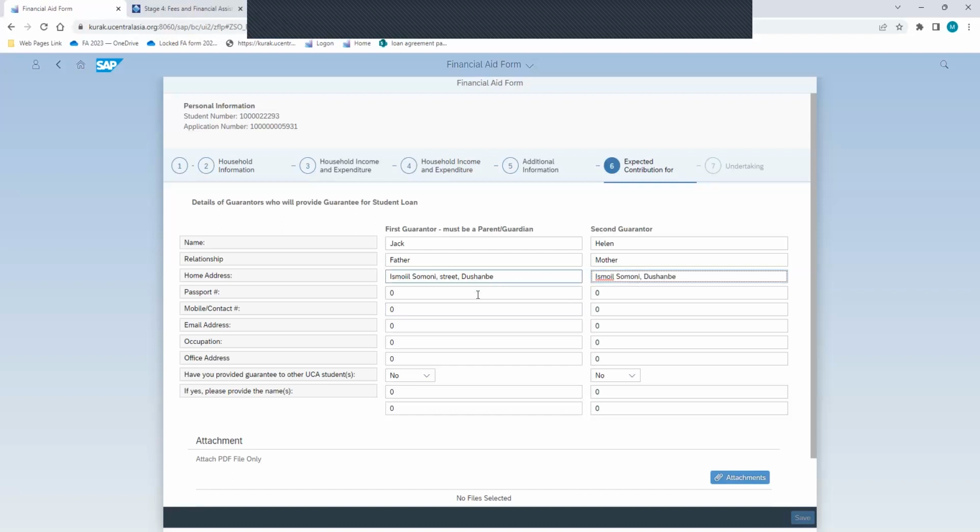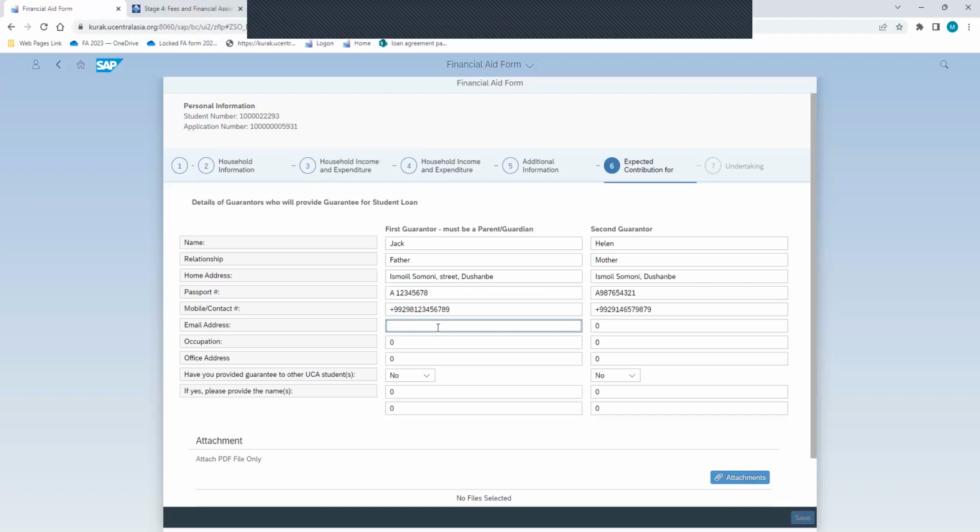Passport number, assume it was A, I don't know, 1, 2, 3, 4, 5. And this one was A98, something like this. Mobile contact numbers, I have to write down mobile contacts. And again, as you know, I'm just writing down the numbers randomly because you will choose your own.